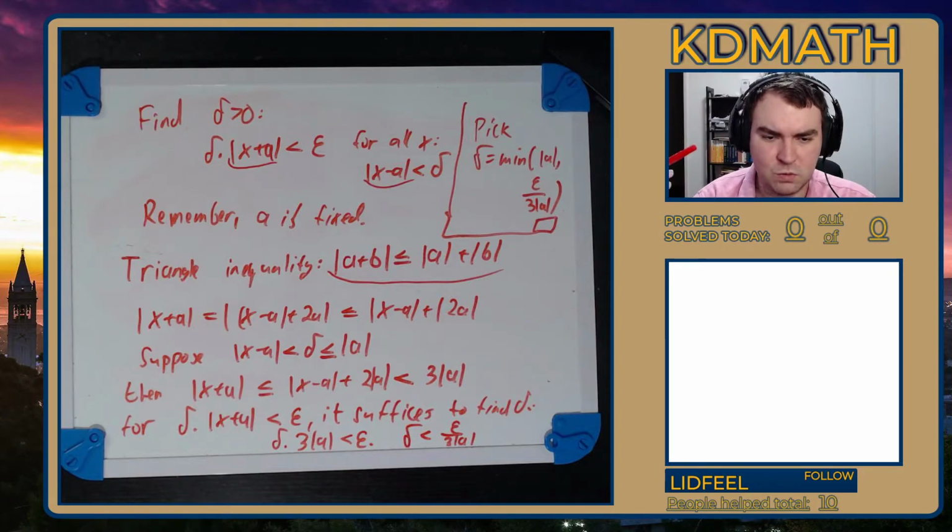We used the triangle inequality, and we said, if delta is less than the absolute value of a, then |x plus a| was less than 3 times the absolute value of a. Because of that, you just plug in |x plus a| equals 3 times the absolute value of a in your previous inequality, and you get that it would suffice for delta to be less than epsilon over 3 times the absolute value of a.